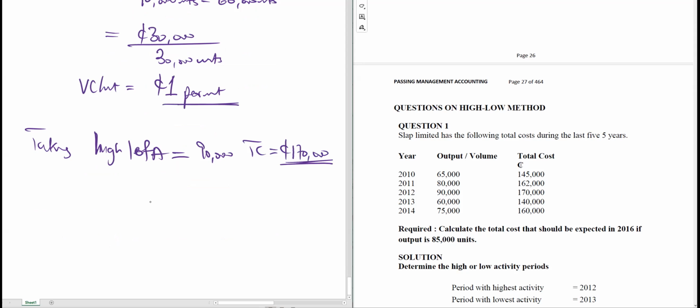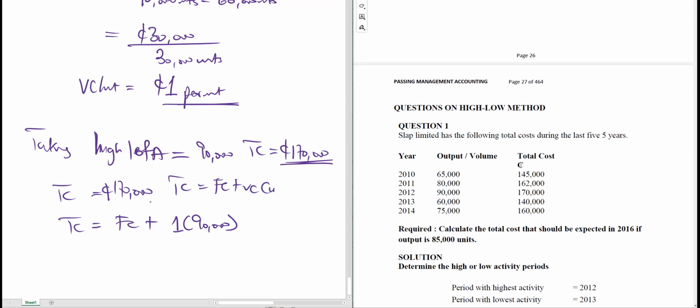We know that total cost equals fixed cost plus variable cost per unit, which was 1 CD, times the number of units, which is 90,000 at this level.